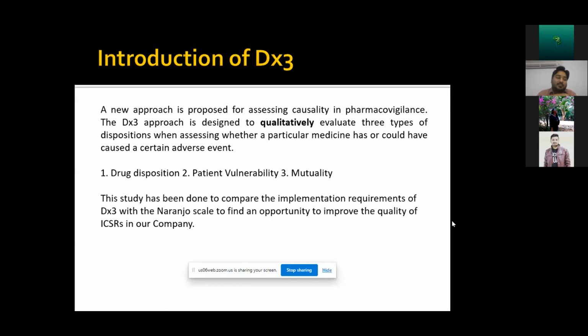I repeat, if there is no multiple regularity in a single event, it means there is no cause. To establish a causal association, the same event should occur multiple times in a regular fashion. Only then can you say this particular thing has caused this particular event.